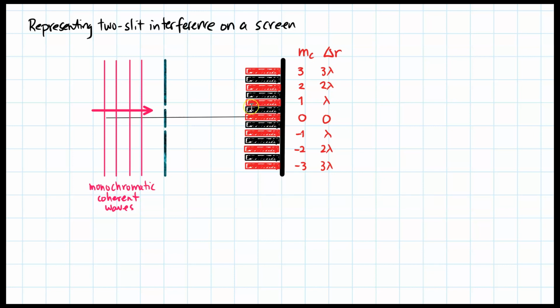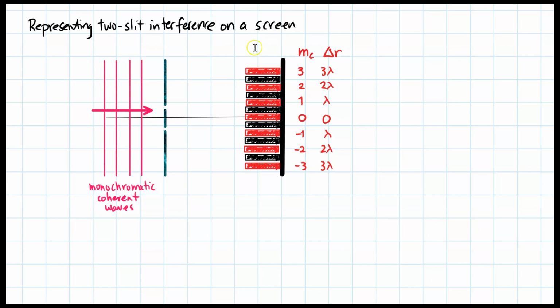So I get a sequence of these interference patterns that occur. So the central line defines MC equals 0. And then as I go up, I'm going to define that to be the first bright fringe, MC equal to 1, the second bright fringe, MC equal to 2, and then MC equal to 3.